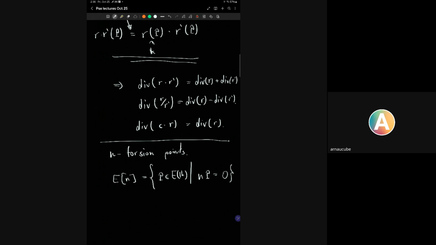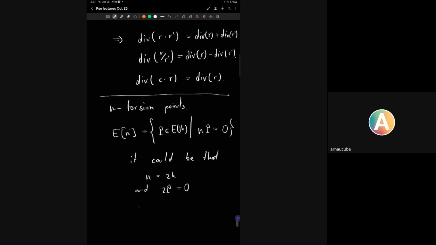But here, it could be that, let's say, n is equal to 2k, and 2P is already 0, which means, of course, that nP is going to be 0, and this means that P is an n torsion point, but the order of P is not n.